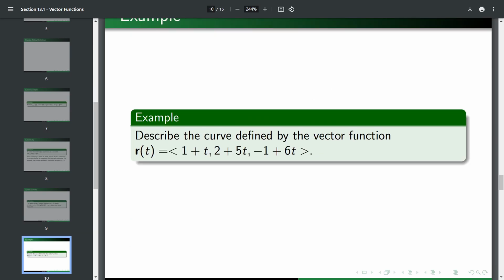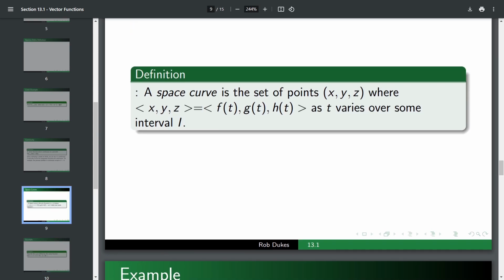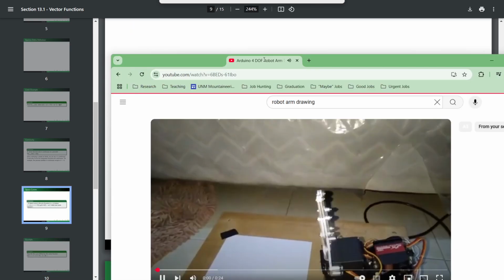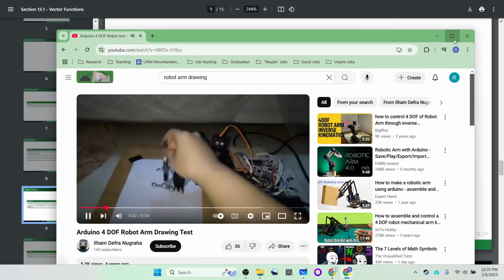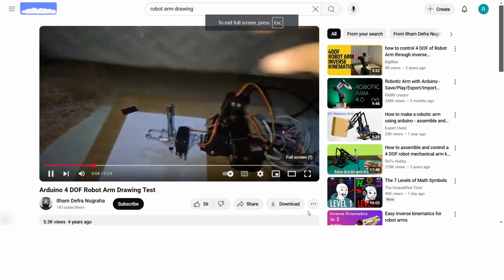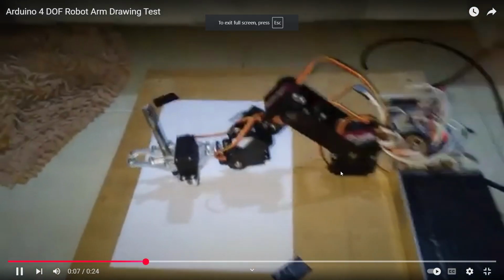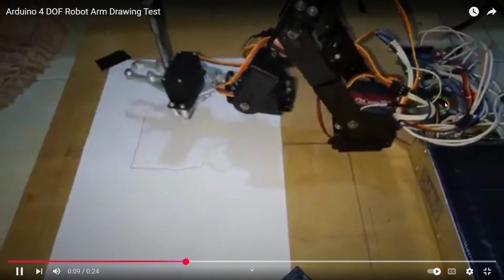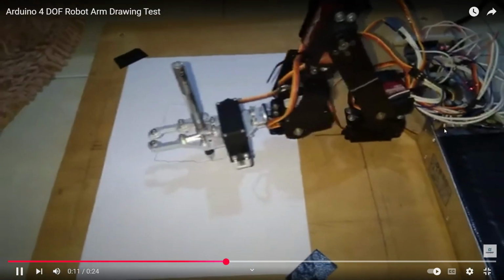So here's an example. Describe the curve defined by the vector function 1 plus t, 2 plus 5t, negative 1 plus 6t. I'm going to show you an example, by the way, of the space curve. I just want to show you how I think of it. What I think of it as is one of these arms that draw. So imagine this is the origin here where this arm is based.